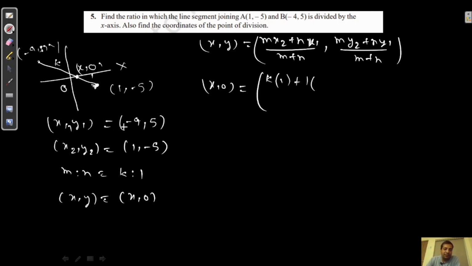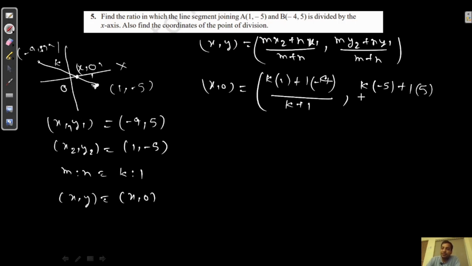Value of x1, it is -4. So a negative number I am always keeping in brackets to avoid any kind of mistake. m plus n, k plus 1. The value of m is k. y2 it is -5, plus n, it is 1. y1 it is 5.